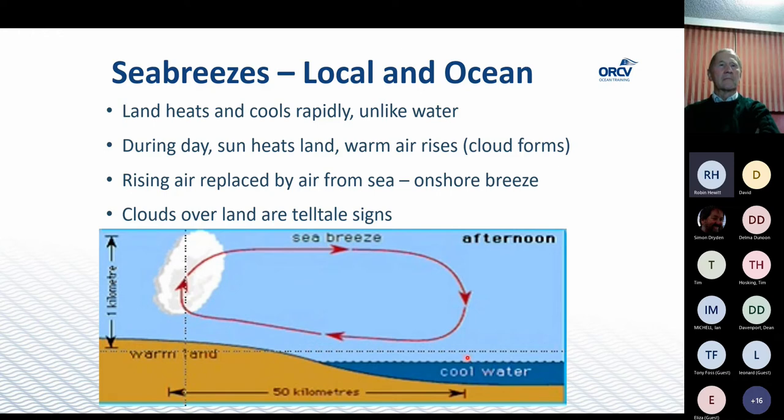So we get rising air over the land, and cool air moving in to take its place. And the cool air that moves in here gets replaced by cool air from a greater height. And we end up with a circulation like this.